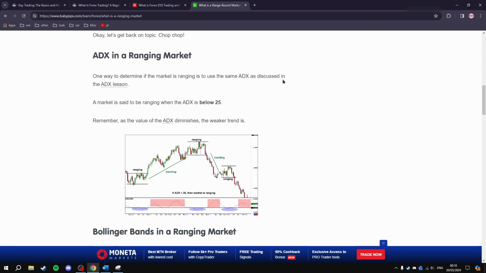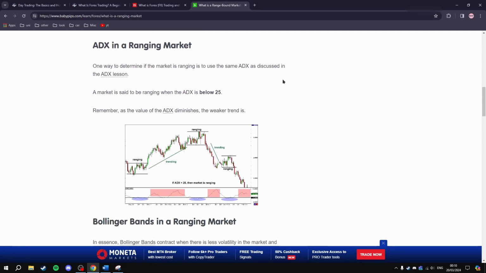ADX in a ranging market. One way to determine if the market is ranging is to use the same ADX as discussed in the ADX lesson. A market is said to be ranging when the ADX is below 25. Remember, as the value of the ADX diminishes, the weaker the trend is.